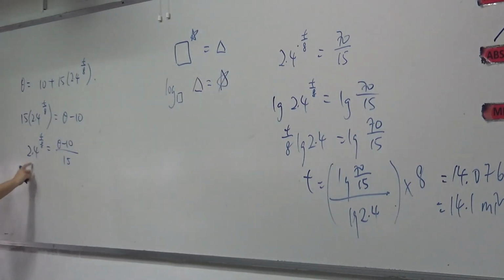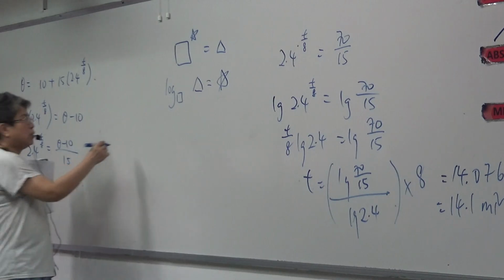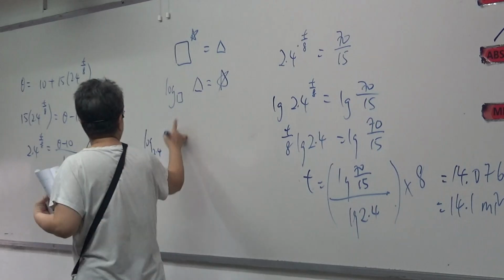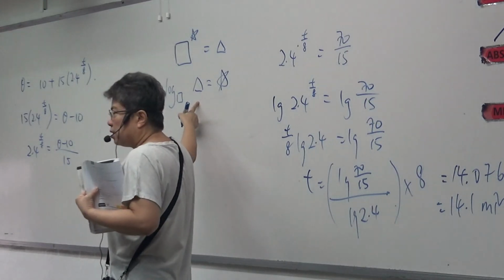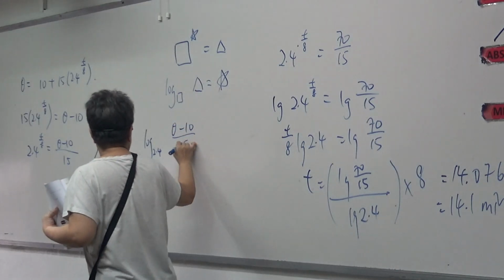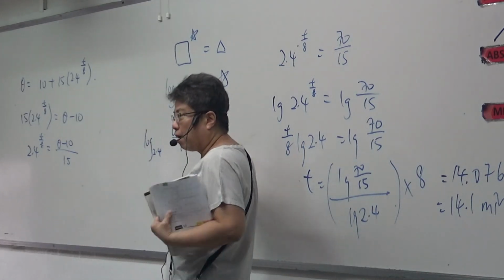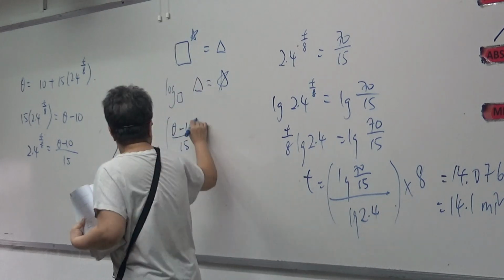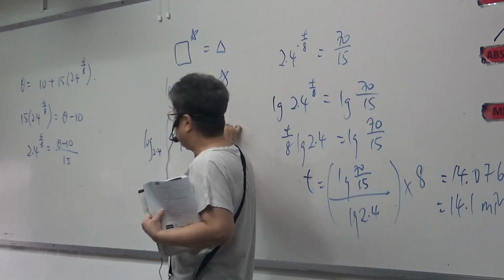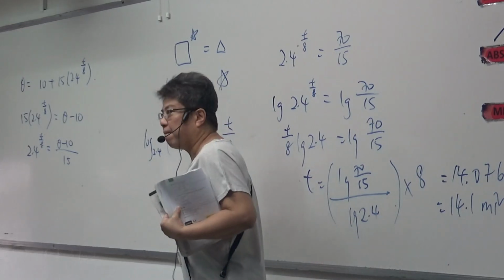What's my square here? 2.4, right? Can you see it? So I will have log 2.4. What's this? This is theta minus 10 over 50, right? Will be what? What's the power? t over 8, right?